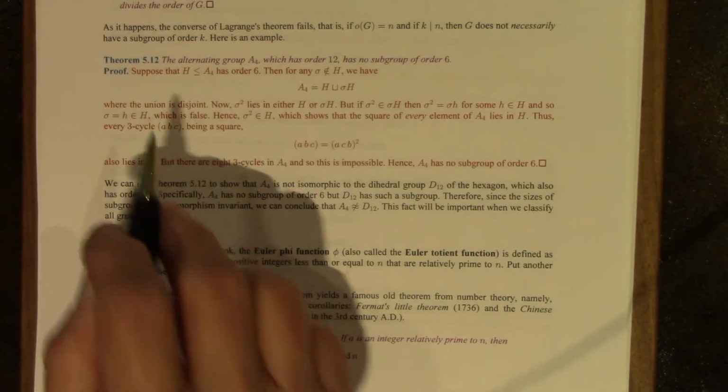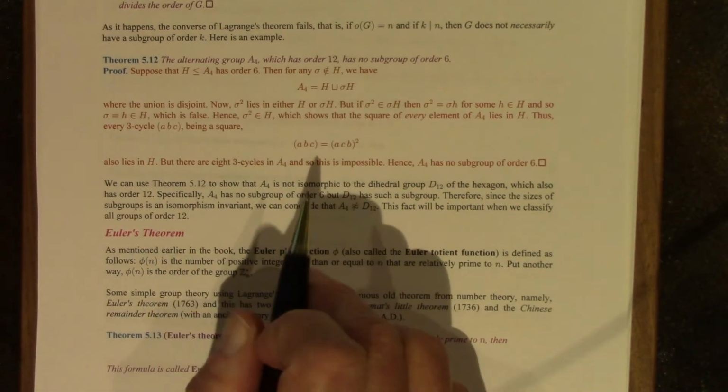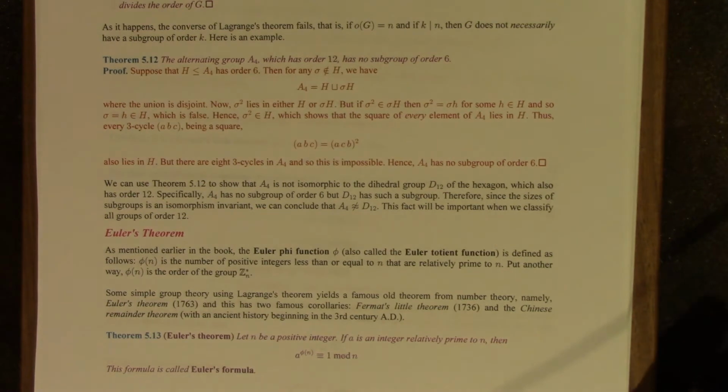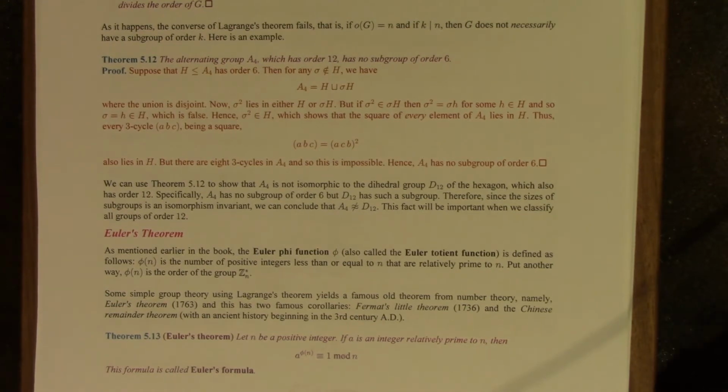We can also use this theorem to show that A4 is not isomorphic to the dihedral group D12. That's the dihedral group of symmetries of the hexagon. It has order 12, twice the number of vertices in a hexagon.